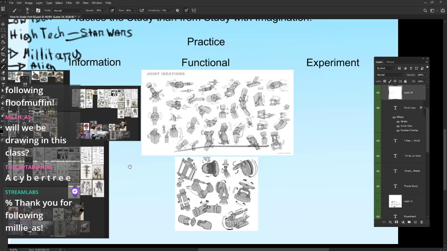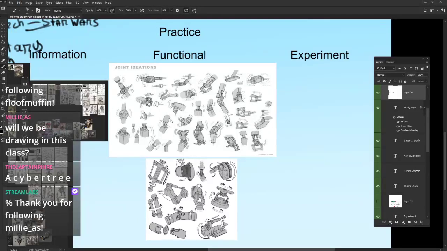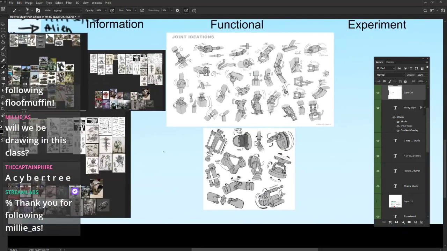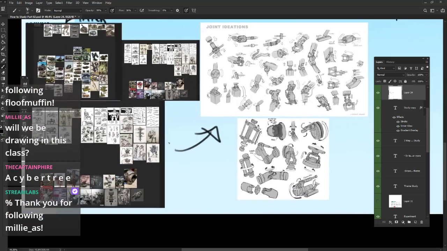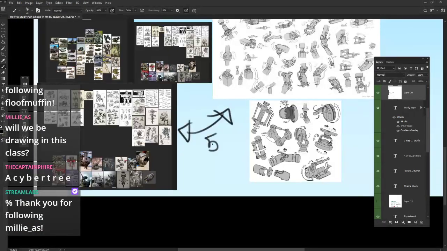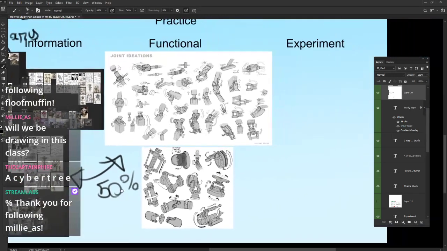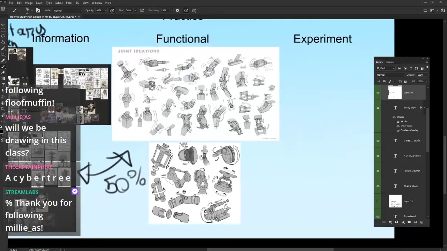Because 80% of the entire day, in terms of learning, is dedicated to the information, to the reference. The next 4 days or 5 days or 6 days, it's just about practice. And you go back and forth with it. It's actually 50% here, if I think right. So you study the functional parts first.